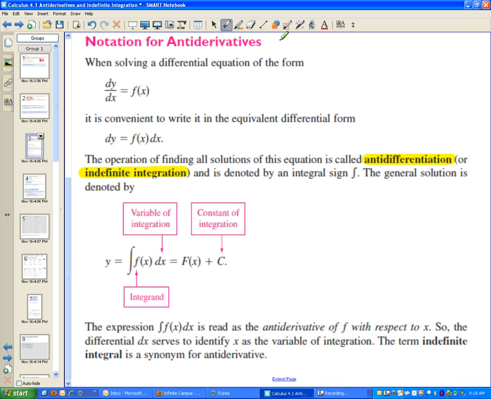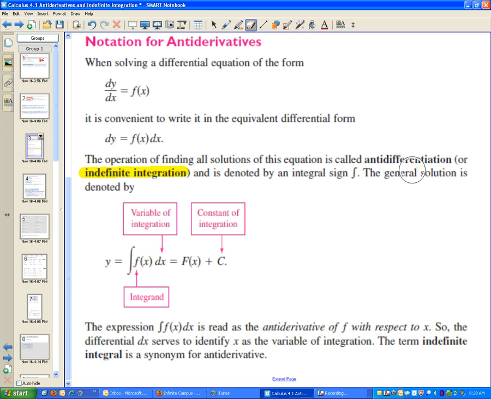Now, first day we talked about two types of calculus, differential and integral. We've been doing differential. Guess what we're getting ready to go to? We're getting there. And how do we get to integral calculus? Through antiderivatives.